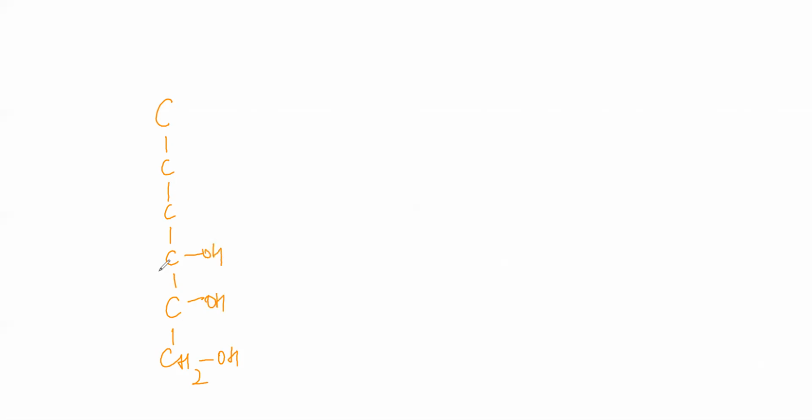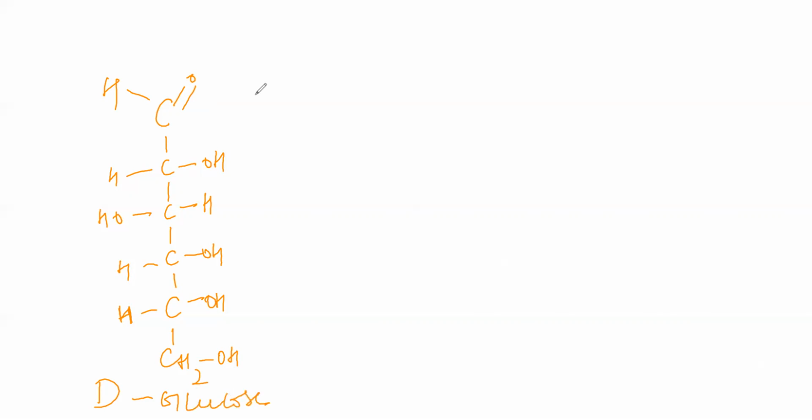Here this has OH, H, OH, H. And here again HOH. And this has the OH and H. And this is C double bond OH. So this structure is called D-glucose.